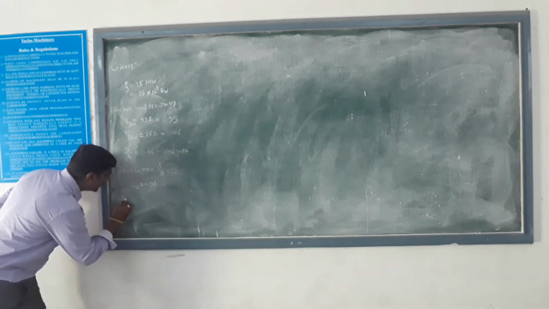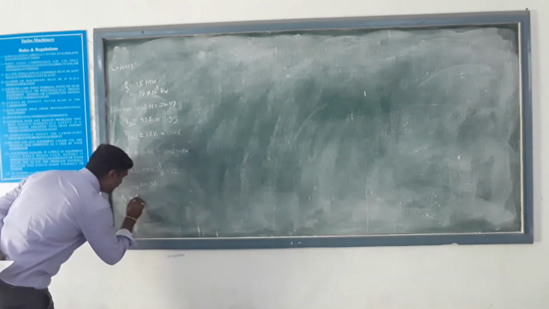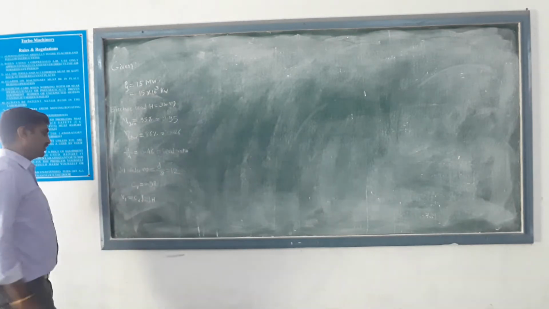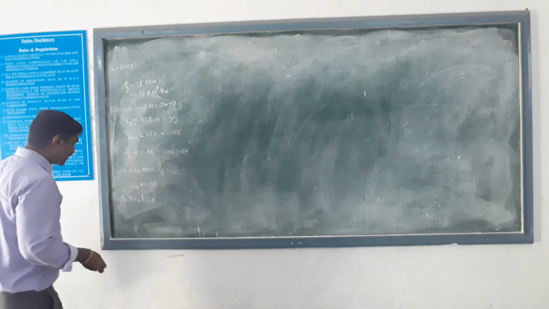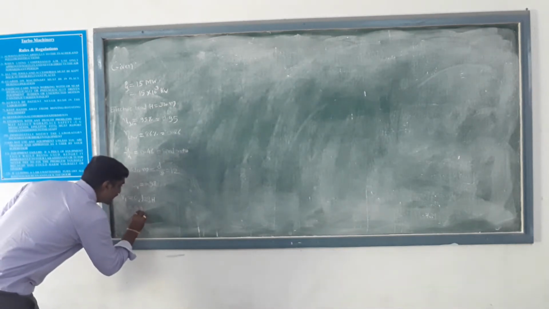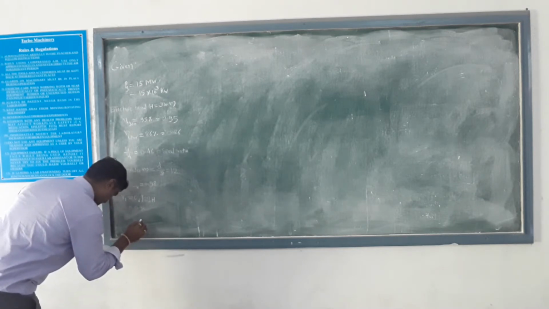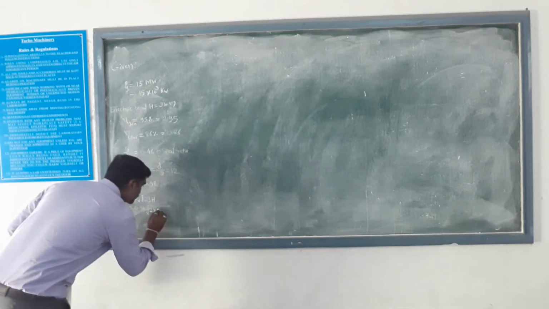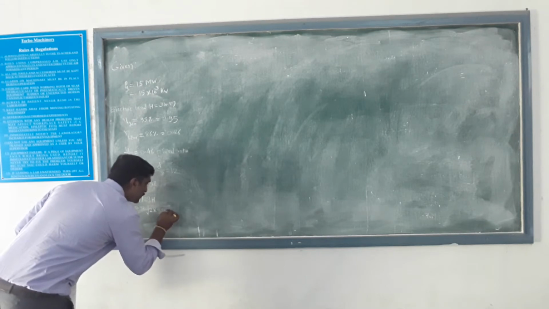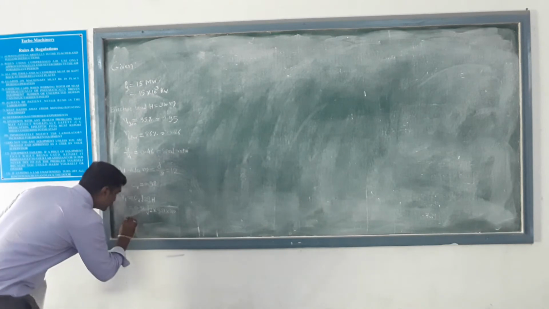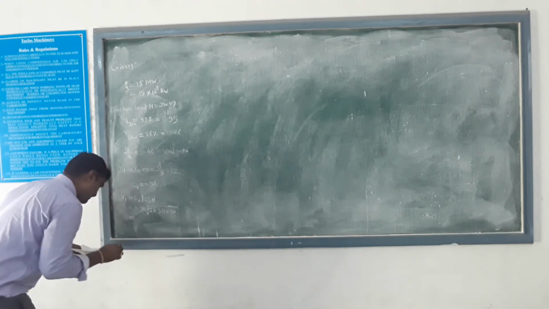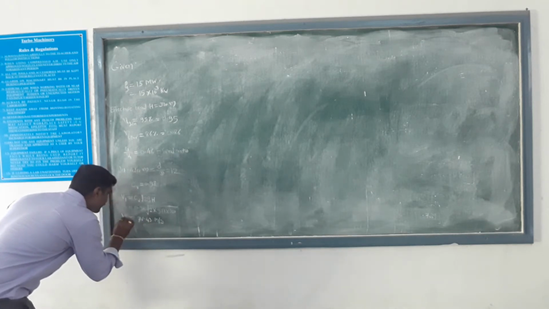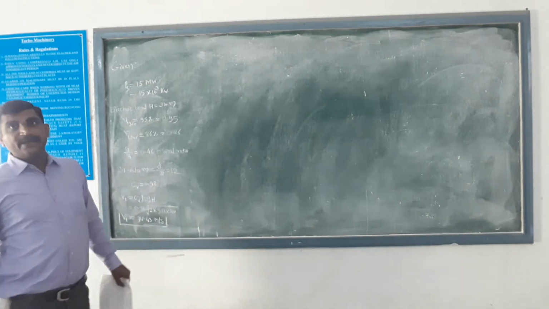V1 equal to Cv under root of 2gH. Putting the values, 0.98 under root of 2 into 9.81 into 310. The final answer we get is 76.43 meter per second. This is V1.